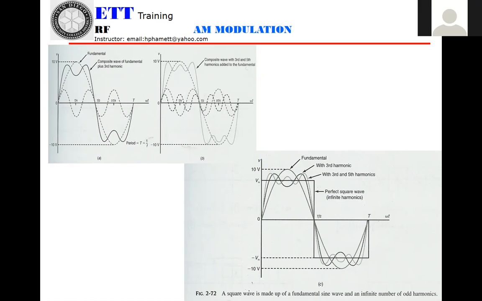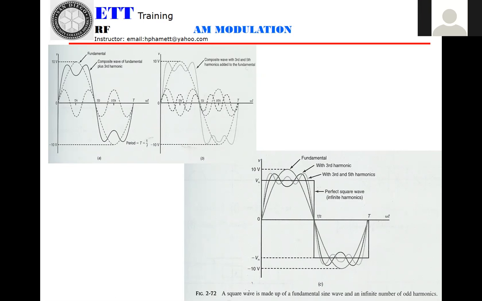Now, basic definition: bandwidth equals maximum frequency minus the minimum frequency. So for 1 kilohertz, what is the maximum frequency? 1,000 hertz.